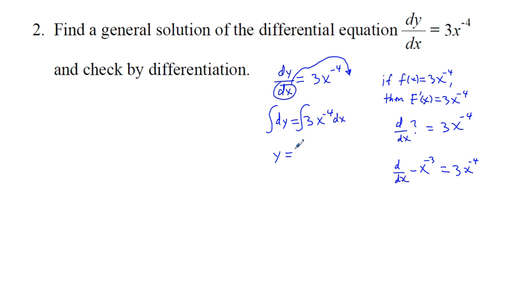So that's correct. So y is going to be equal to, since we're taking the antiderivative, negative x to the negative 3 power, and we have the constant of integration plus c. If we rewrite this, y is equal to negative 1 over x cubed plus c. We're going to go over the power rules that demonstrate how this works.